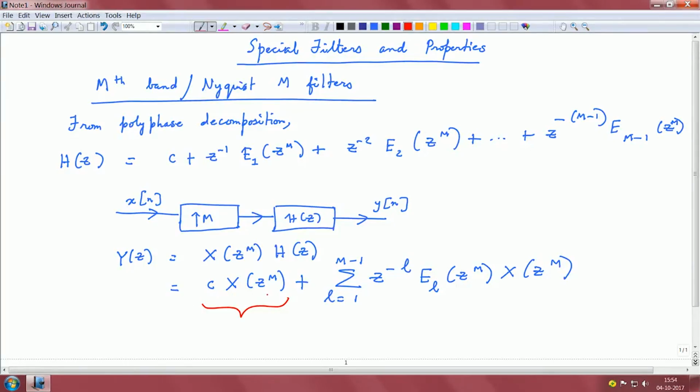If you downsample this signal, then you will get x of n back.